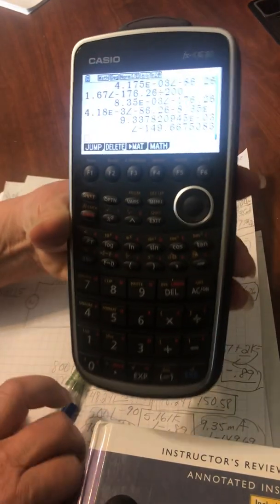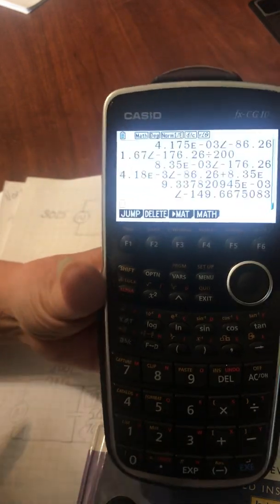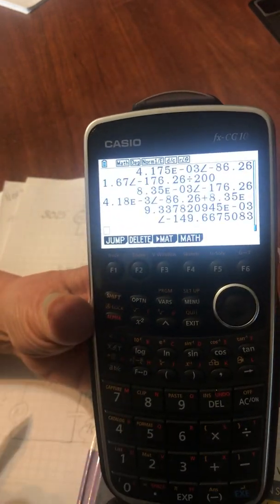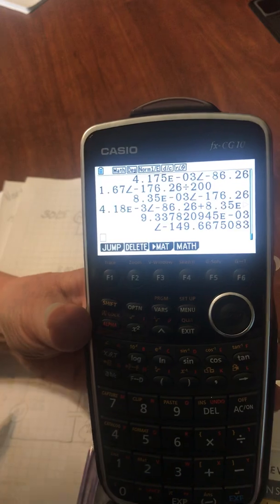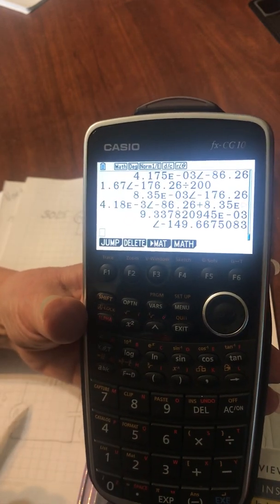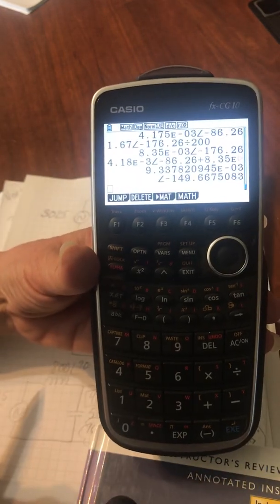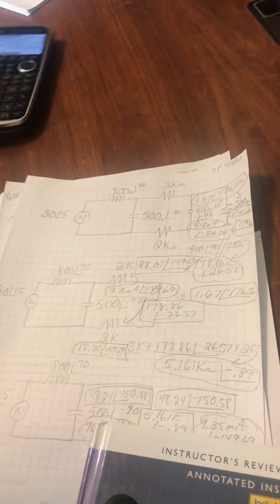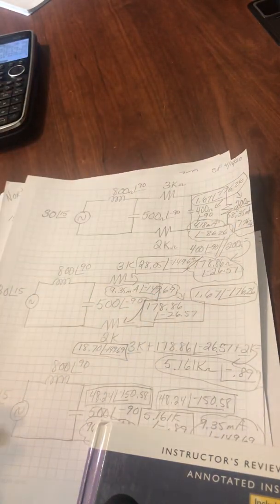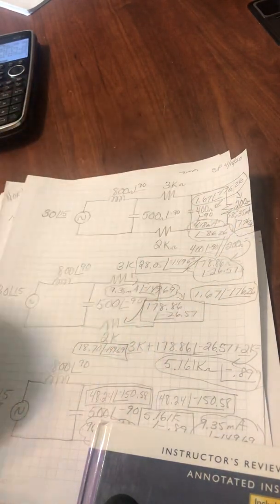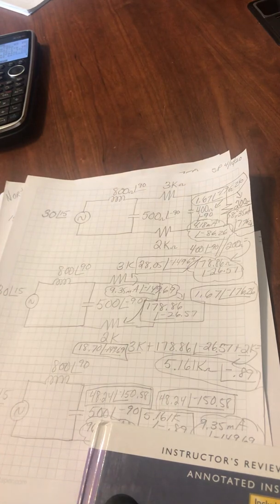So I got 9.34 milliamps at an angle of negative 149.67. Close enough. So now everything worked out. You always verify to where it came from. So now we have voltage and current for everything. All right, bye.